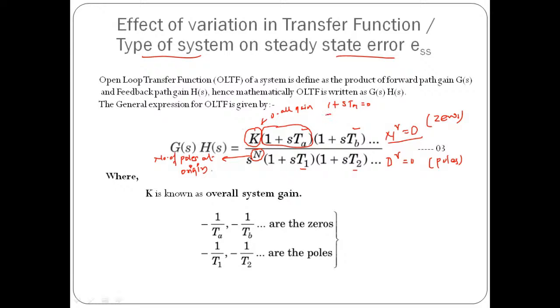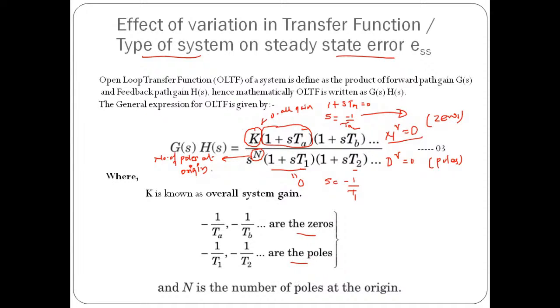So we can calculate the value of s. s is going to be minus 1 upon Ta. So this will be the zero of the system. In the same way, if you are interested to calculate a pole, you have to equate this term to 0, so s equals minus 1 upon T1. So these are zeros and these are nothing but poles. That's it.